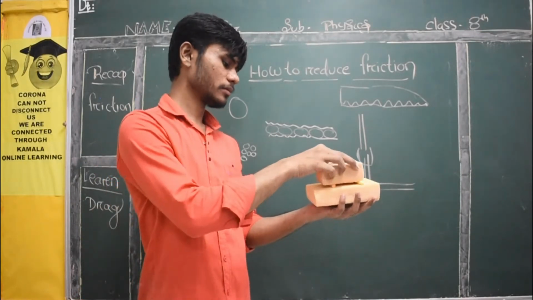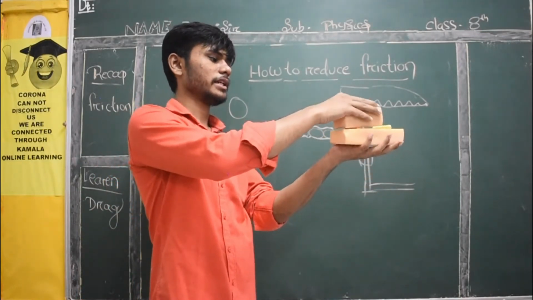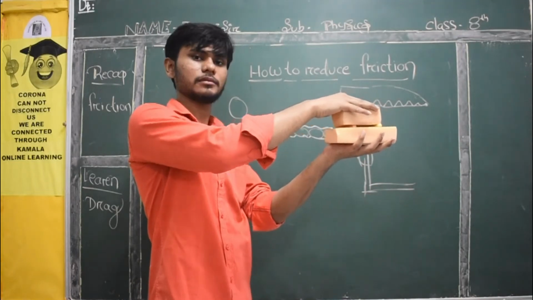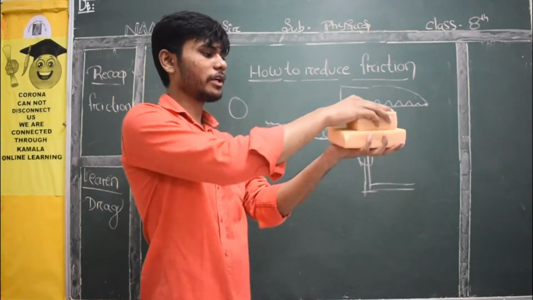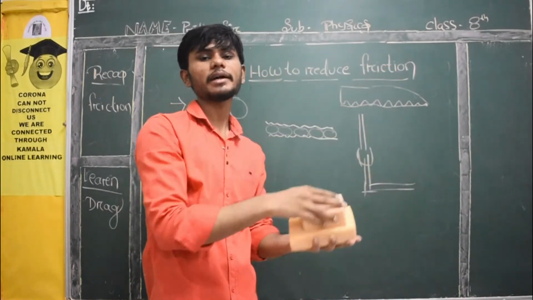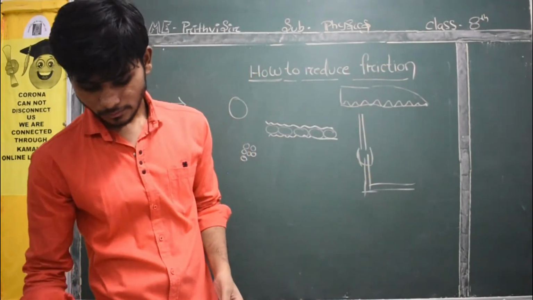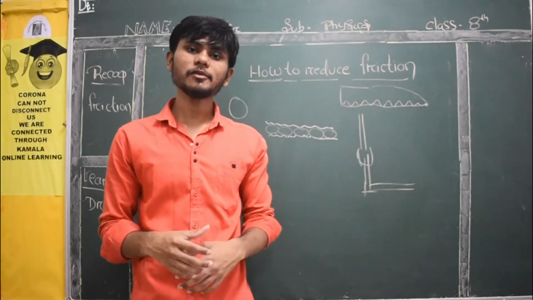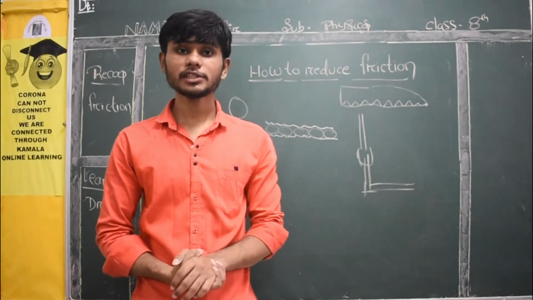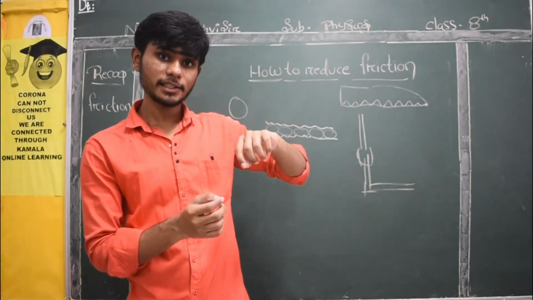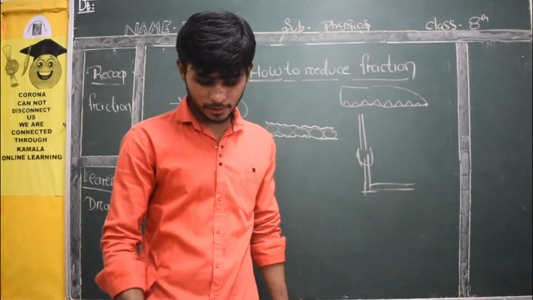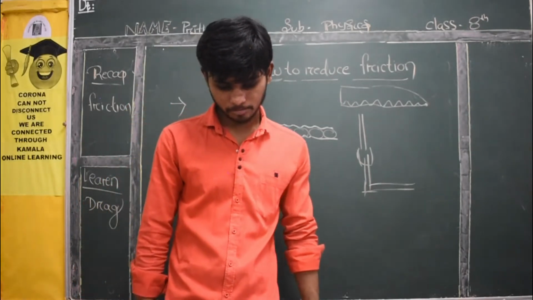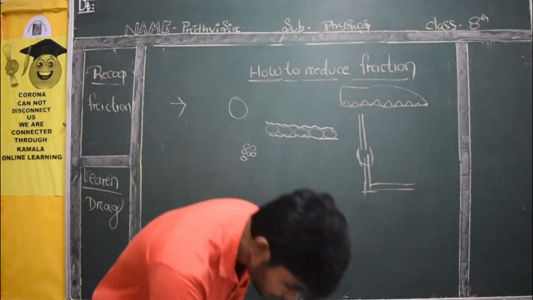See, it can slide easily. But before, we were unable to do that. Why? Because the wheel itself reduces a lot of friction, as the area of contact is very much less, right?